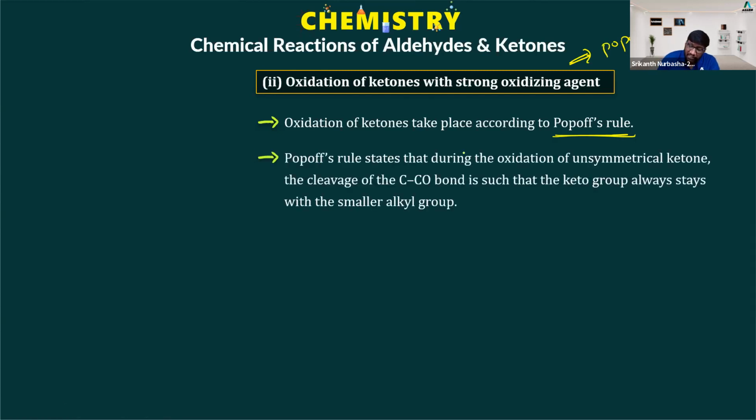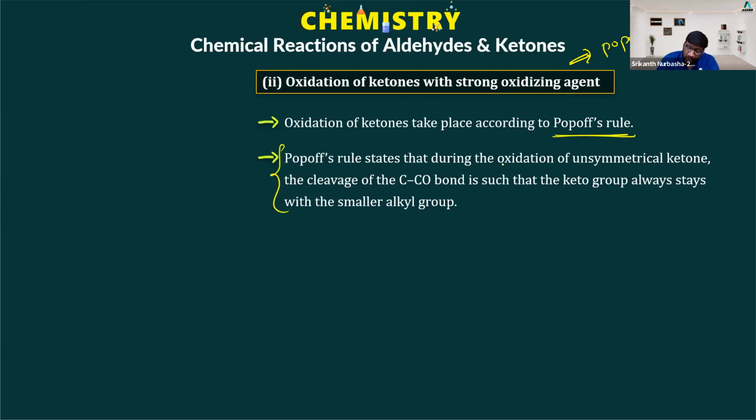So Popoff's rule states that during the oxidation of unsymmetrical ketone, but during the oxidation of aldehyde, we are not cleaving the carbon-carbon bond. Understand that point. In the oxidation of aldehydes, we are just cleaving the carbon-hydrogen bond. That is why they can be oxidized with the milder oxidizing agents also. But ketones will be oxidized only with the stronger oxidizing agents.